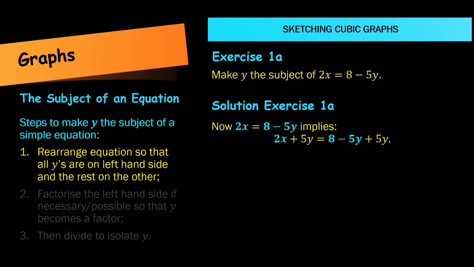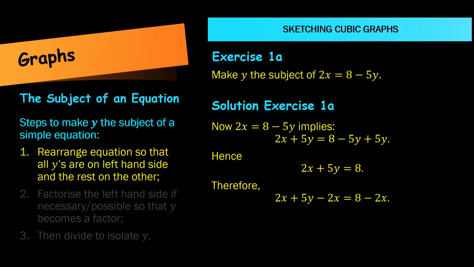So here's our original equation, and here's 5y added on to both sides. And so tidying up, we have 2x plus 5y on the left-hand side and 8 on the right-hand side. We've removed all the y's from the right-hand side.